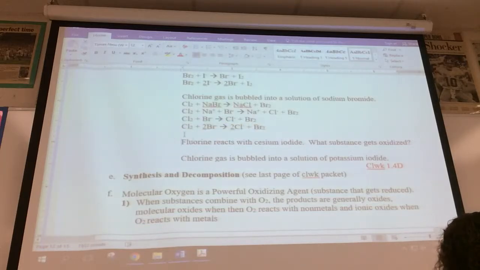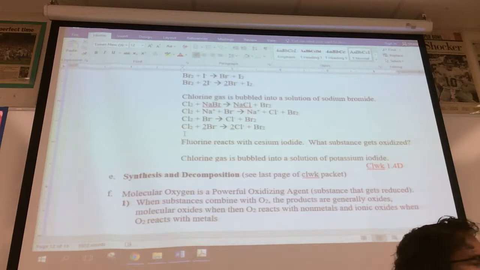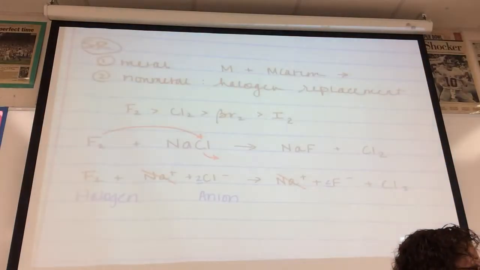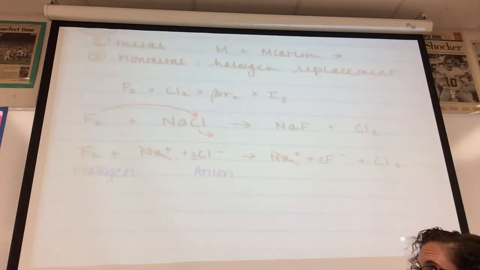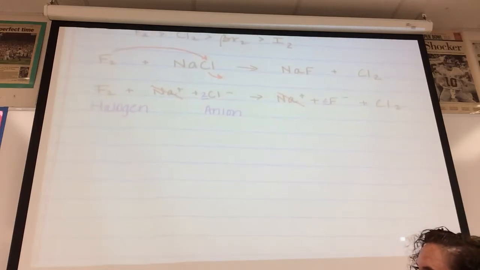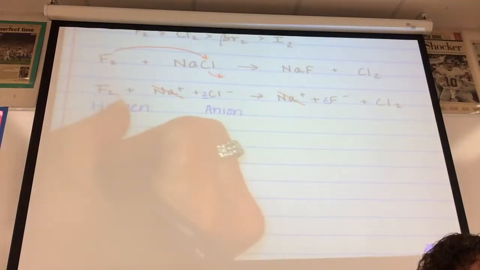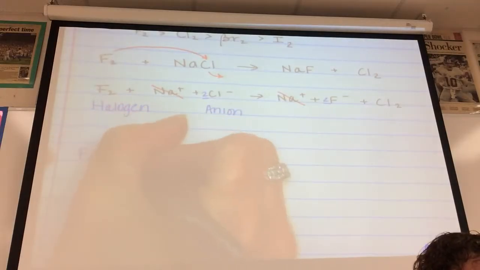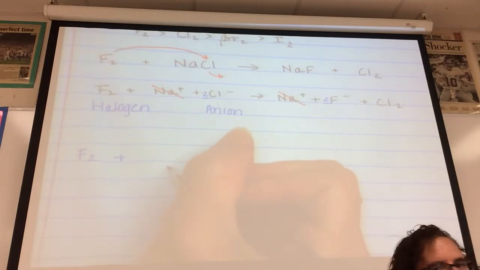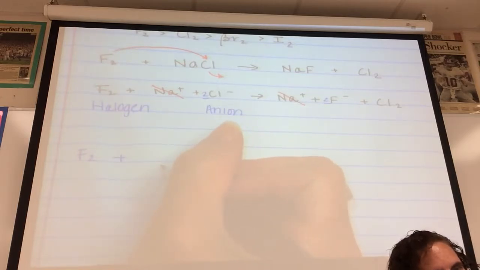Let's walk through several from scratch. It says fluorine reacts with cesium iodide. I want to know which substance gets oxidized. How do I write fluorine? It reacts with cesium iodide. Am I interested in the cation or the anion? Anion.